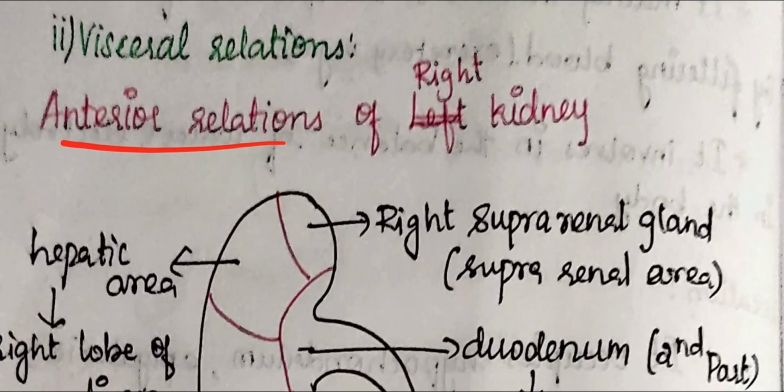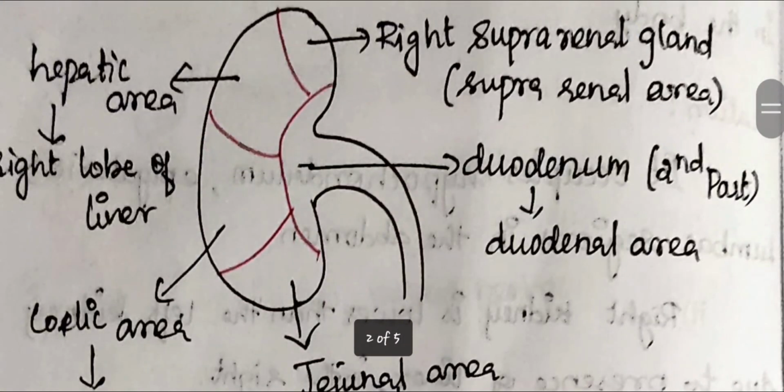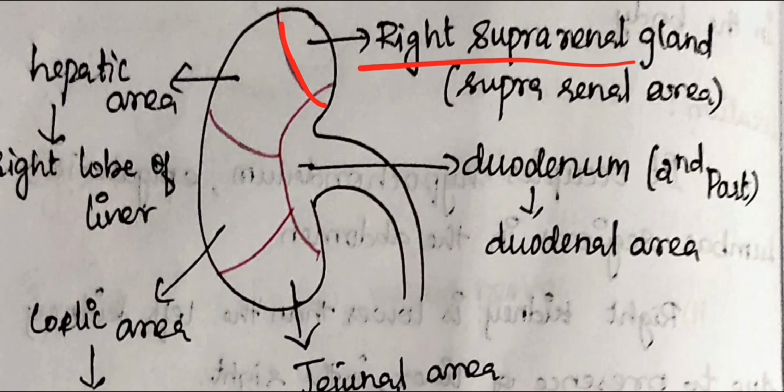Okay. First we will see the anterior relations of the right kidney. In the right kidney, we have the right suprarenal gland area, where the kidney is attached to the suprarenal gland, and the hepatic area. As we know, on the right side we have the liver, so the right lobe of the liver is attached to the kidney.